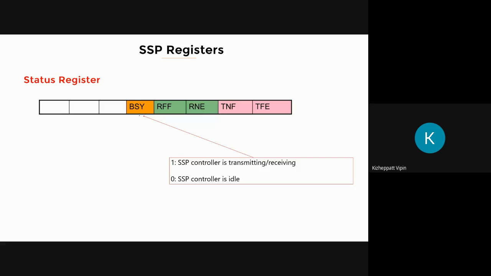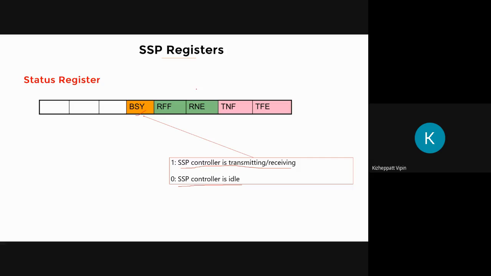BC, this bit will become set whenever your SSP controller is transmitting or receiving some data. If this bit is 0, SSP is idle. Again, not much importance to us because we have a FIFO.